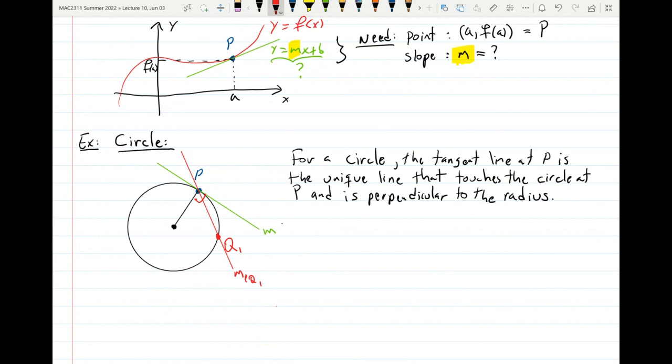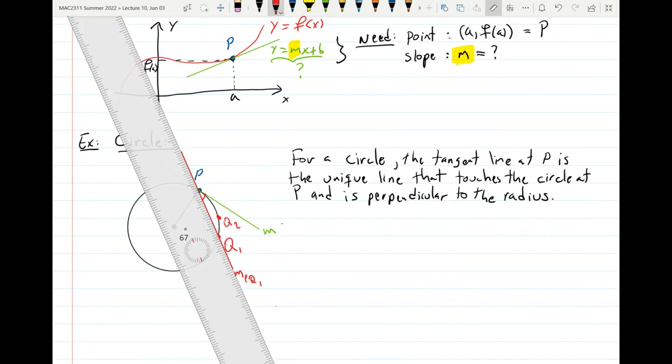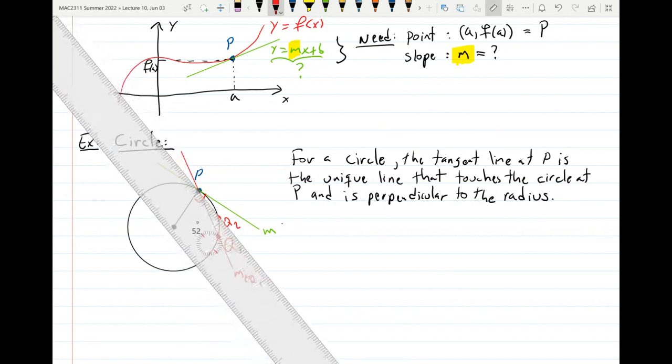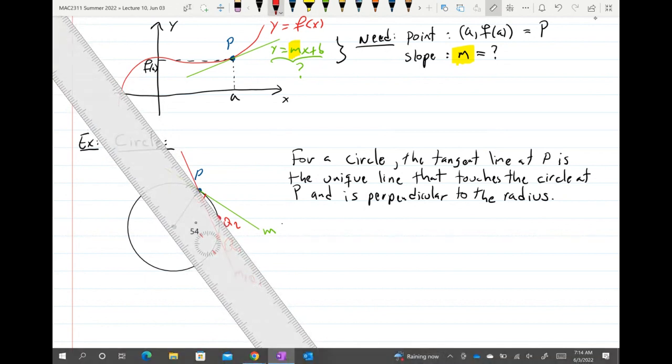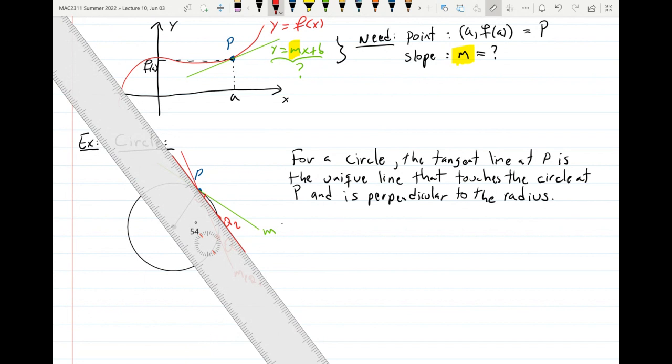However, what we're going to do now is make this point Q, Q1 in this case, closer and closer to P. Let me put another one here and call it Q2, and let's repeat the process. Now I'm going to draw my secant line passing through P and Q2.